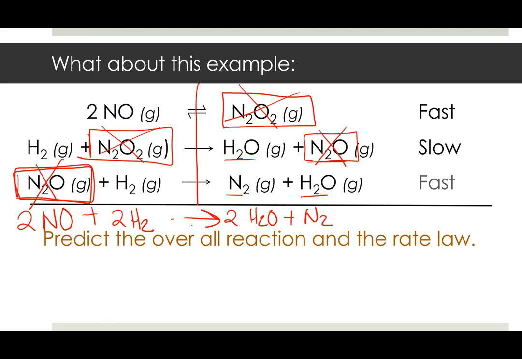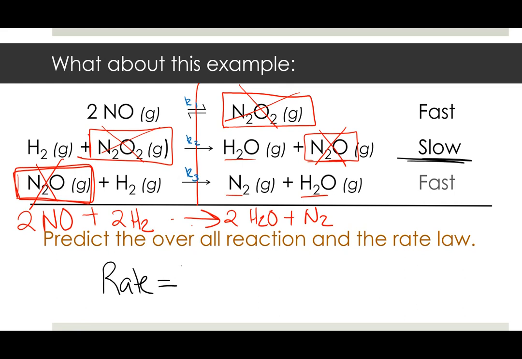The hard part here is let's determine the rate. Before I do that, I do want to put some K values, so we'll just call these K1, K2, K3. All right, so the rate is determined by the slow step.